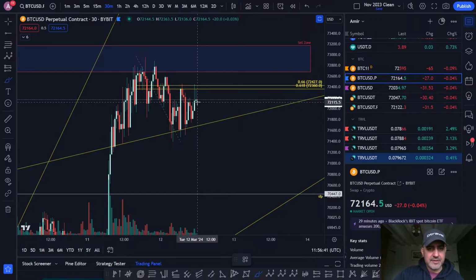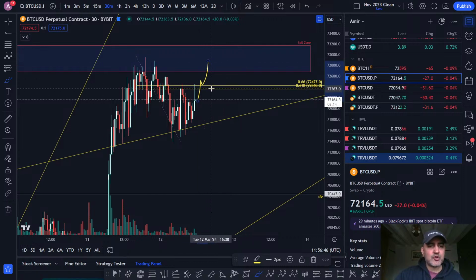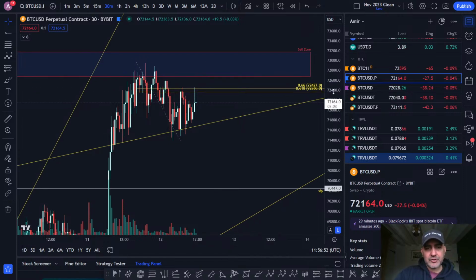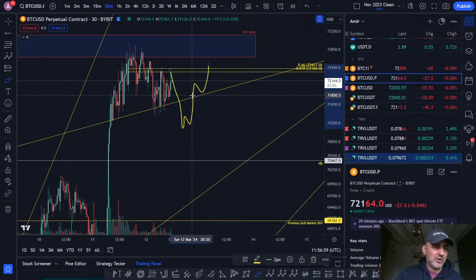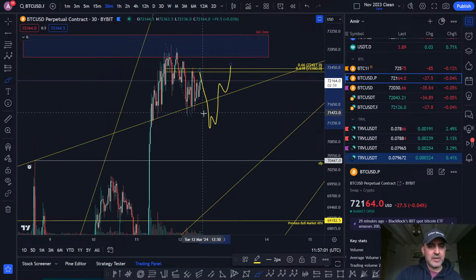You don't really want to see this now if you're shorting. Obviously if you're long, you want to see that. But again, the problem is that I do feel that it will be a lot stronger to go down and come back up. As a bull, I'd prefer to see that than to just go up now.